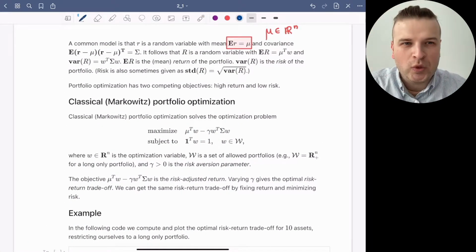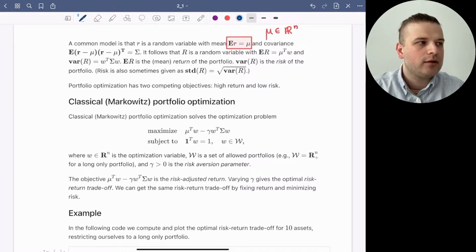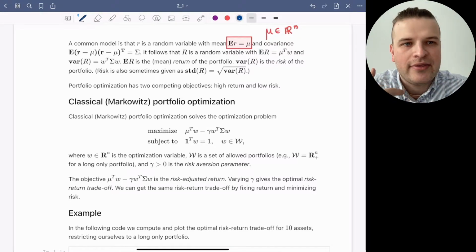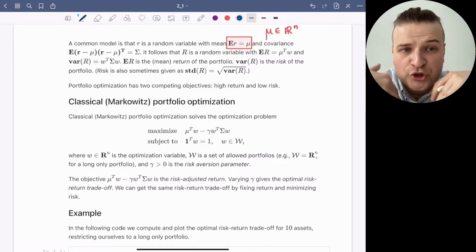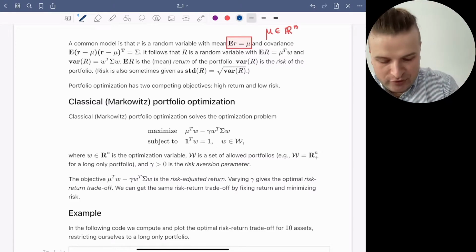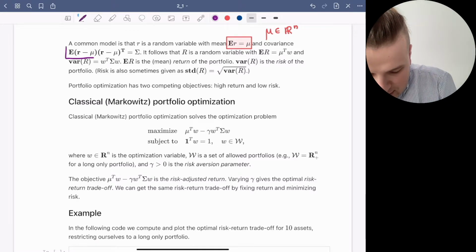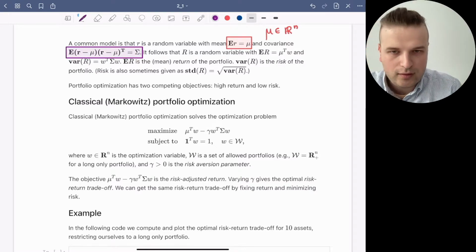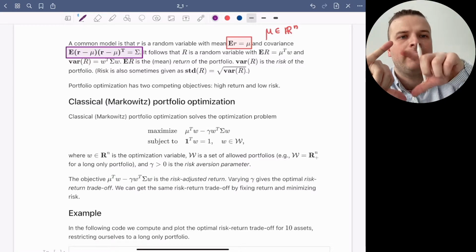But what about the variance of such approach? Could you somehow calculate the measure of how these assets or shares are correlated with each other? And we have this option, and this option is called covariance matrix. And you could construct it because, again, you have this R vector evolution.